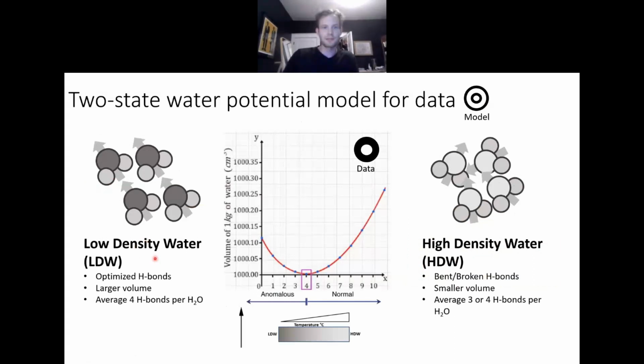A low-density form, LDW, where you have optimized hydrogen bonds that expand to create a larger volume, and you have an average around 4 hydrogen bonds per water molecule. On the other end is high-density water, or HDW, where you have bent or broken hydrogen bonds, and this leads to a smaller volume and an average of 3 or 4 hydrogen bonds per water molecule, which is less.